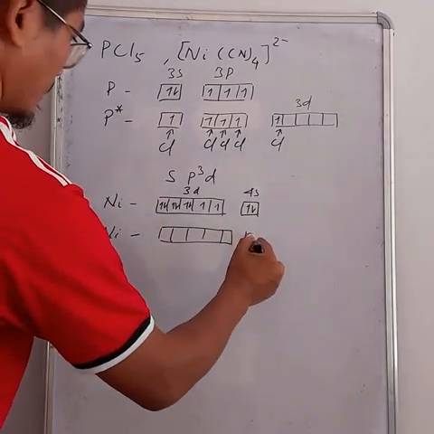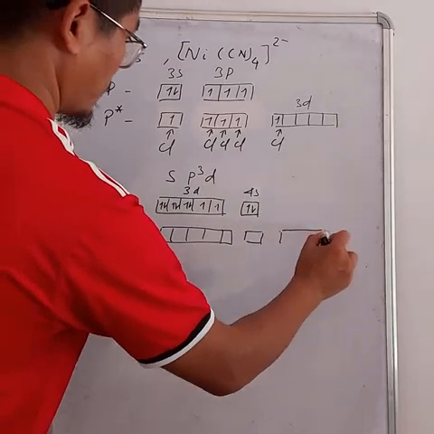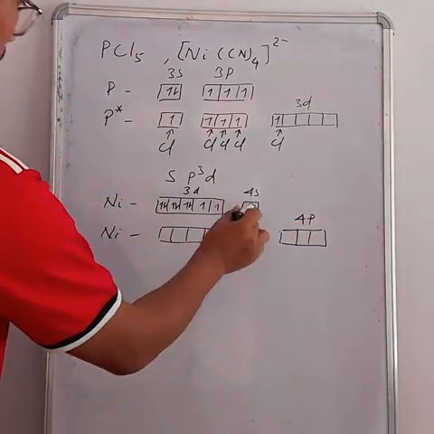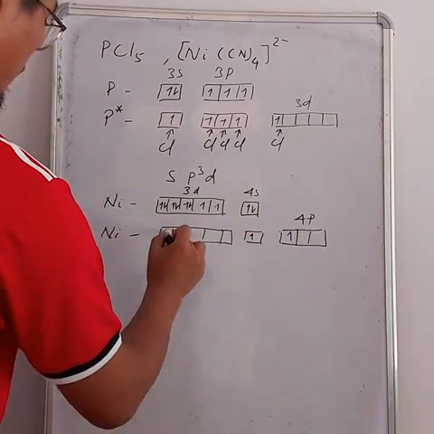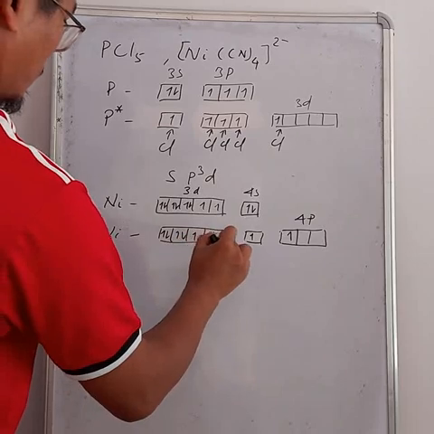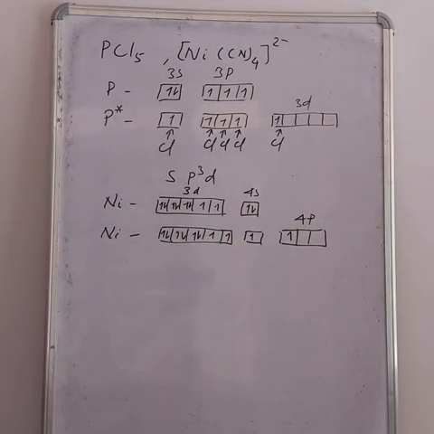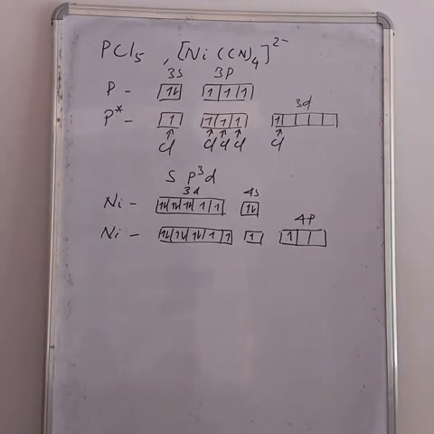So in nickel we have empty 4p orbitals. So one of the 4s electrons will jump to the 4p orbital. So now we have 4 unpaired electrons.